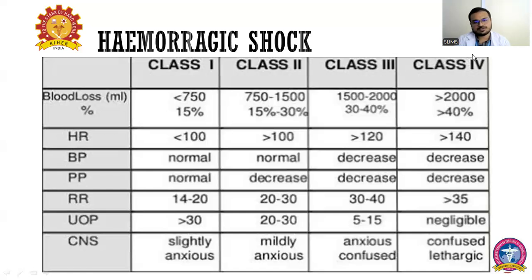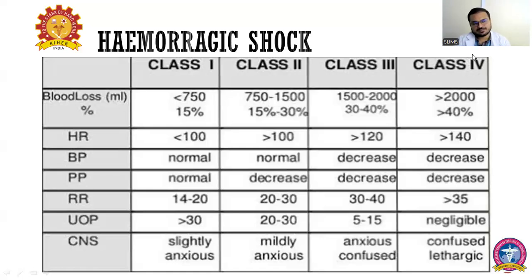Urine output will be more than 30 ml per hour in class 1, in class 2 it is 20 to 30, in class 3 it is 5 to 15, and in class 4 there will be no urine output at all. So always and always when a patient comes to the emergency department, we should catheterize the patient and start measuring the urine output.